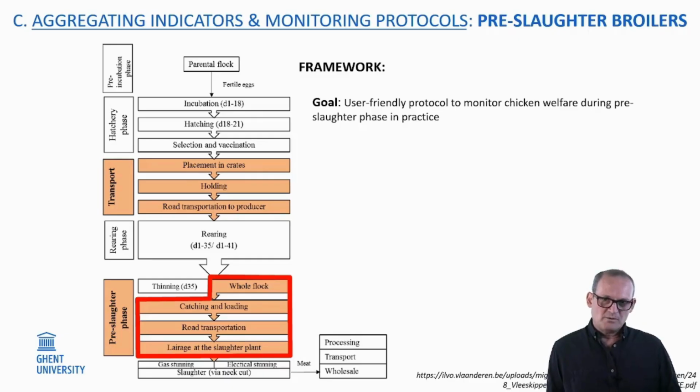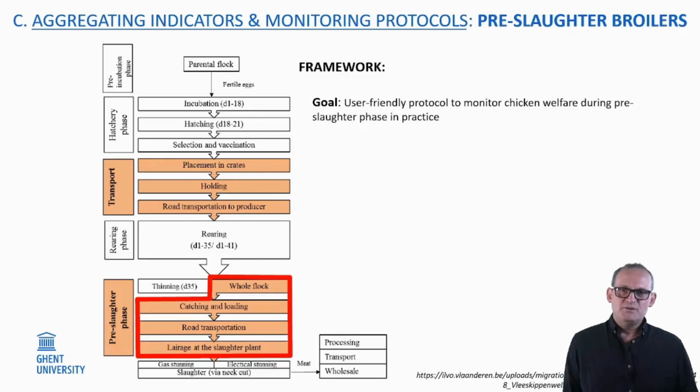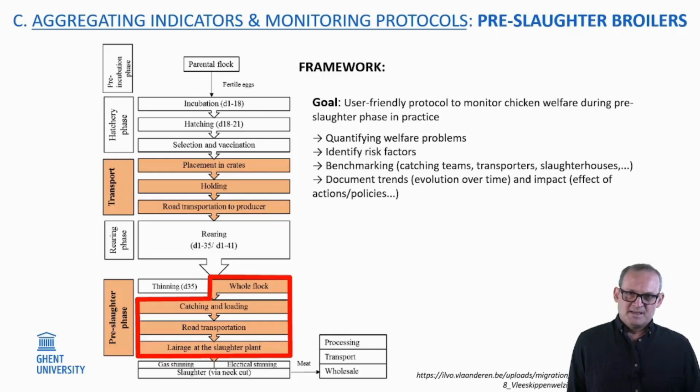So the goal of the tool was a user-friendly protocol to monitor chicken welfare during the pre-slaughter phase in practice. It should allow to quantify the main welfare problems during the pre-slaughter phase.